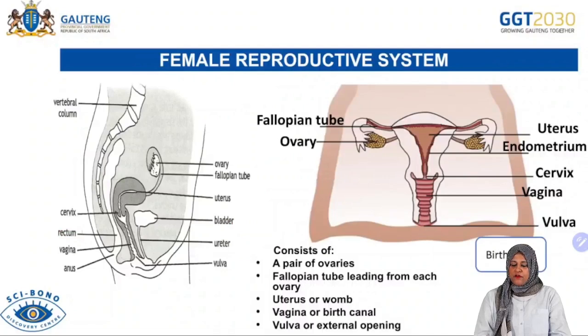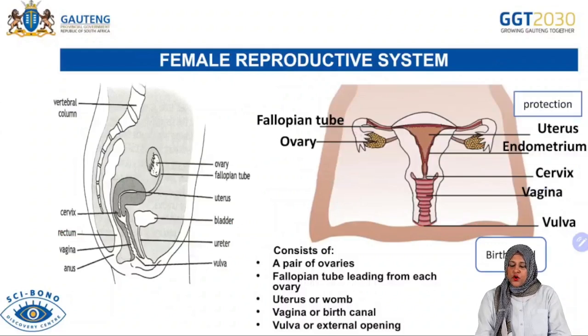It is made up of your birth canal, right, your vagina, the mouth of the uterus, which is the cervix. What lines the uterus is the endometrium, or the lining of the uterus, or the uterine lining, but we will say endometrium.